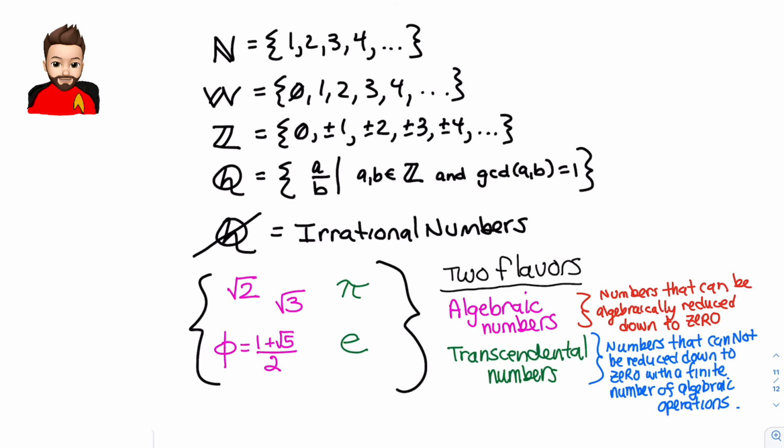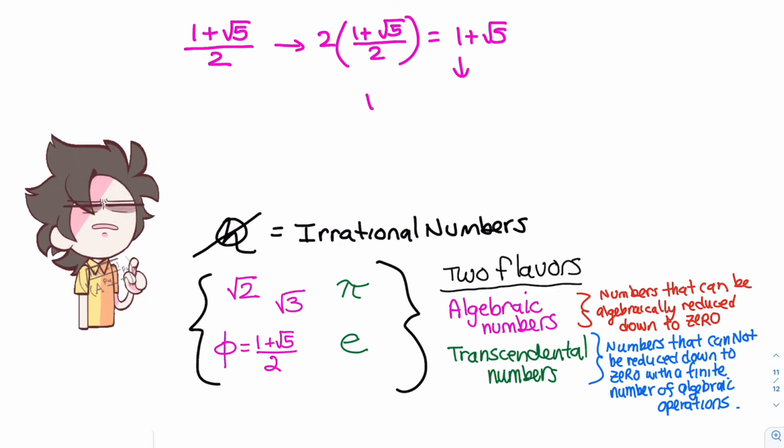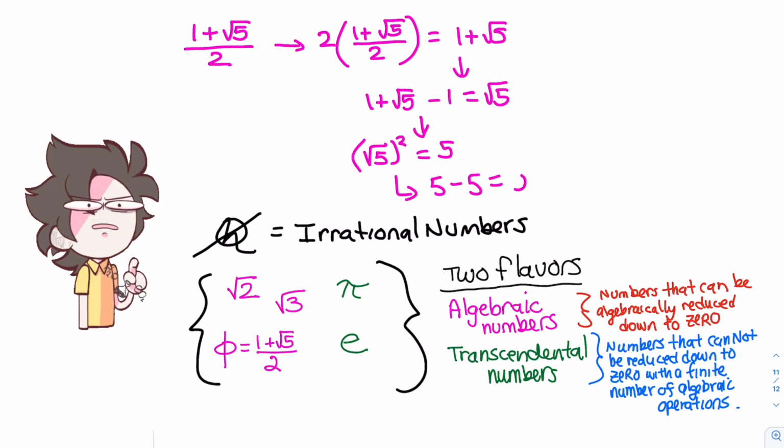So it separates irrational numbers into two classes. Consider the square root of 2. We can square this and get 2, and then subtract 2 from this and get 0. Or the golden ratio, 1 plus radical 5 over 2. We can multiply by 2, subtract 1, square both sides, and subtract 5 and get 0.